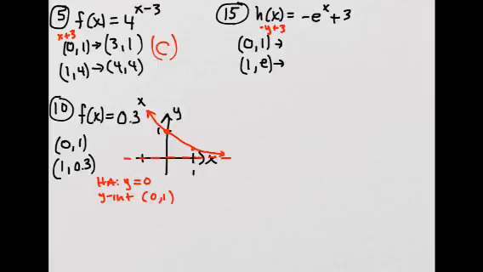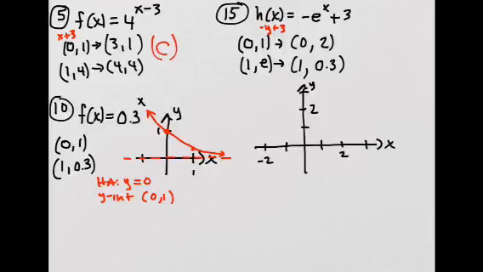And so now we're going to change. The x's do not change, and then the y, -1 plus 3 becomes 2. The x does not change, so negative e plus 3, that's like 3 minus 2.7, so that's going to be approximately 0.3. Okay, so we're going to plot the graph. We draw the horizontal asymptote at y equals 3.